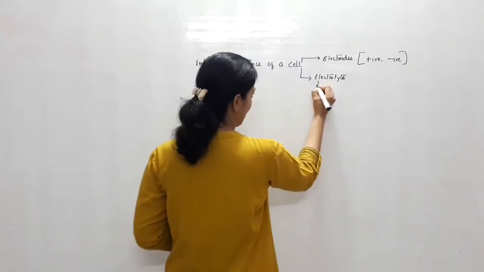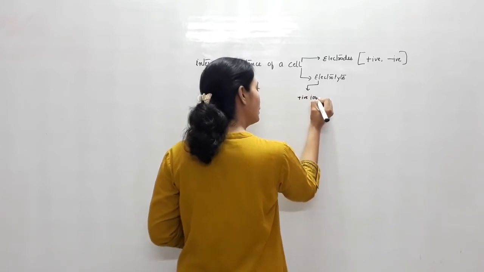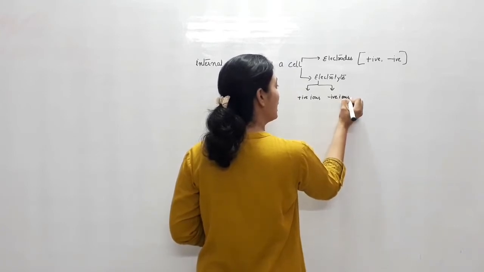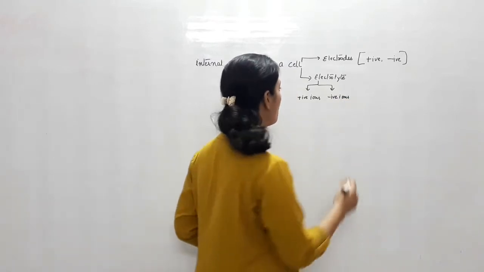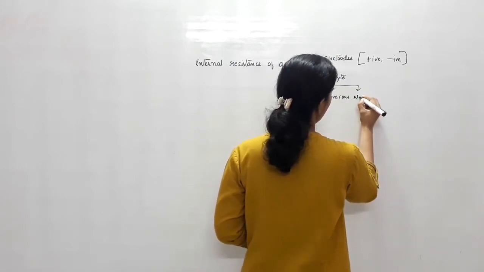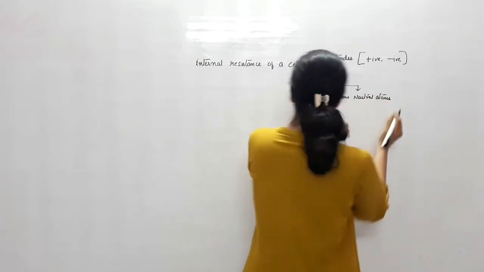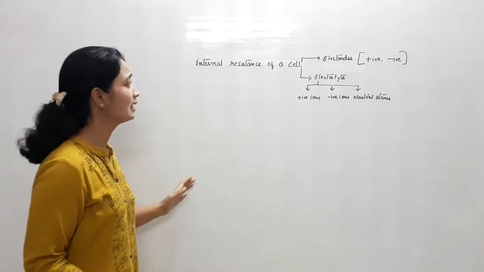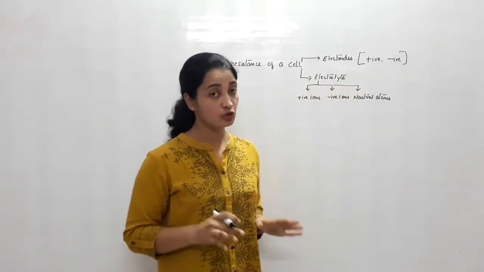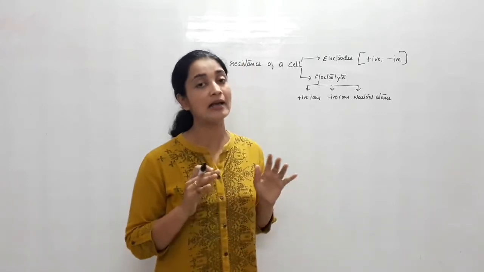Now this electrolyte itself contains positive ions, negative ions, and neutral atoms. So this is the basic understanding of a cell. It contains electrodes which are positive and negative, and it contains electrolyte, and the electrolyte itself has a huge number of positive and negative ions and neutral atoms.